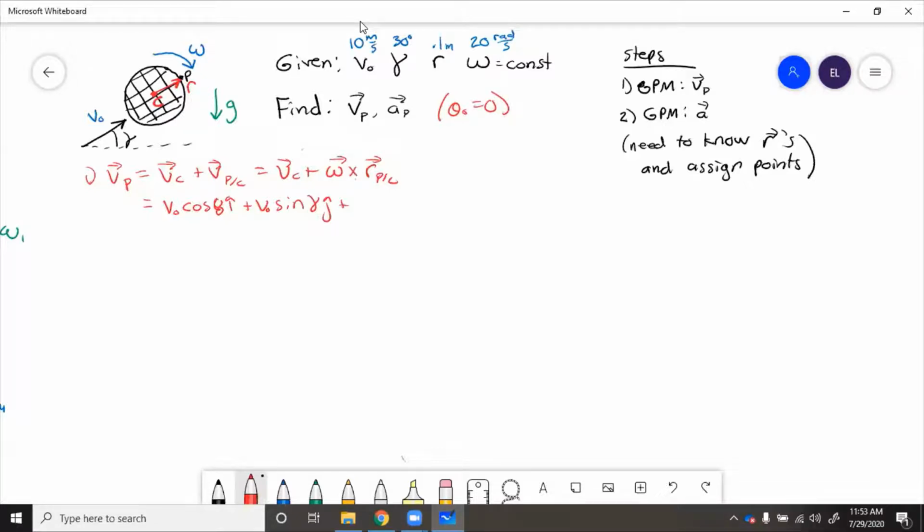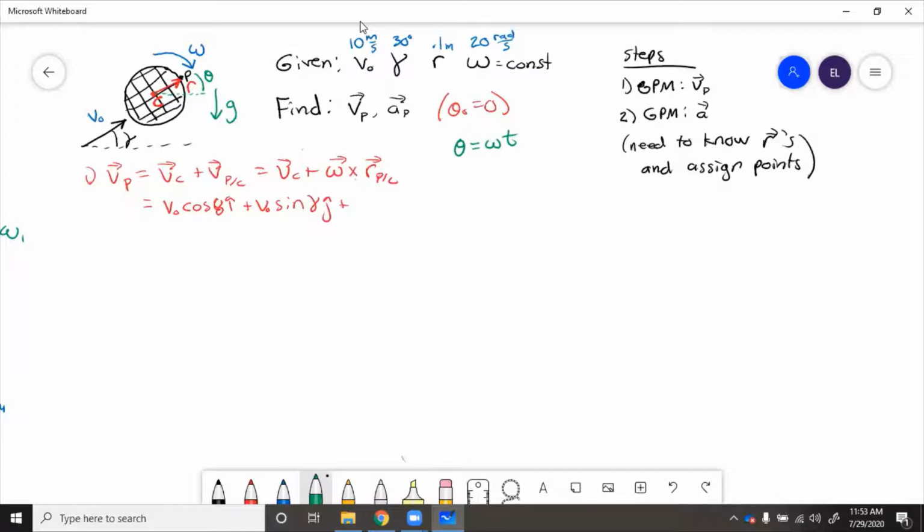So RP with respect to C is going to be, we need to know this angle, that's angle theta. Well, by integration, theta equals omega t. We know that.